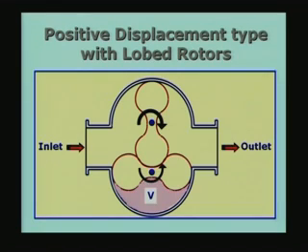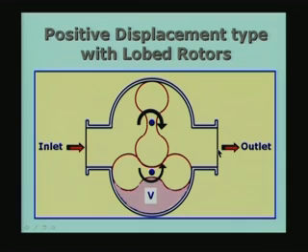For example, if you take a positive displacement type with lobed rotors, each rotation of this lobe, a certain volume of the material is taken from the inlet and it is going to be sent to the outlet. So this is rotating like this and this is rotating like this. Each time this rotates, a certain volume of the material is taken from the inlet side and it is dumped to the outlet side.